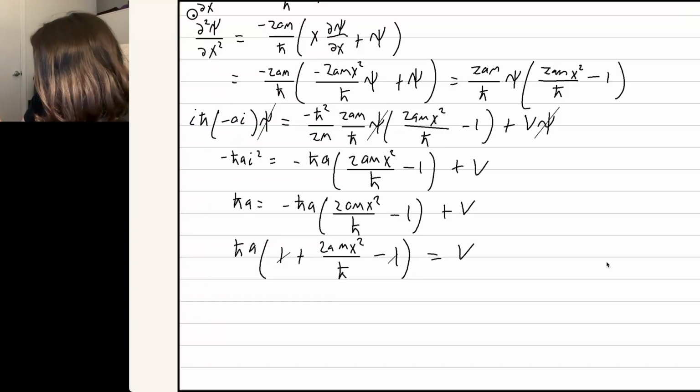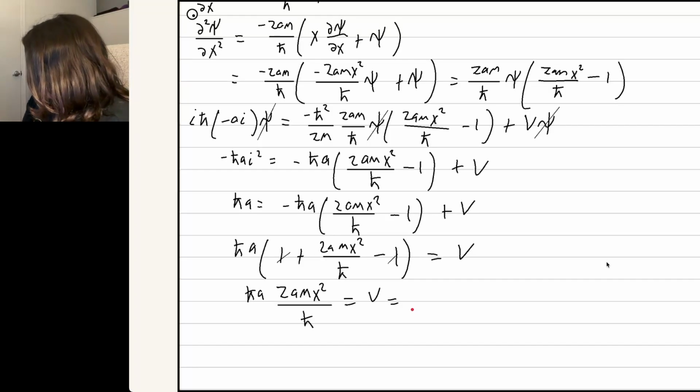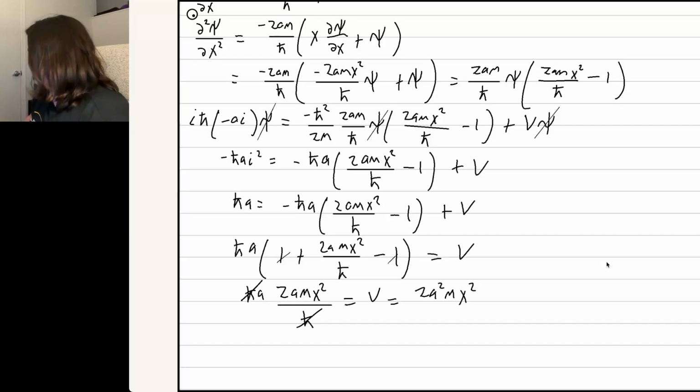So you'll be left with h bar a times 2amx squared over h bar, which simplifies, canceling out the h's, to 2a squared mx squared. That is the potential.